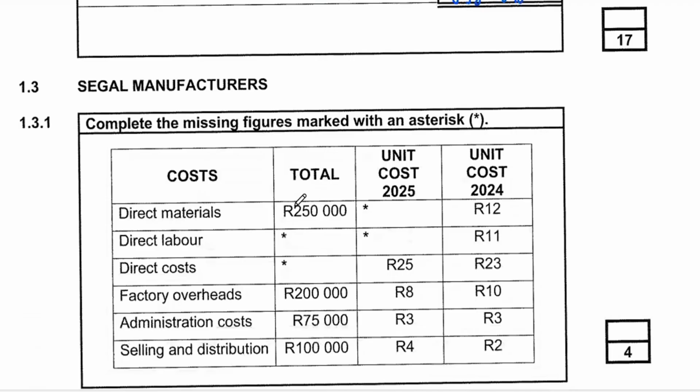Then 1.3, it's Segal Manufacturers. So we have to fill in the missing figures. So we have the total, we have the unit cost in 2025, we have the unit cost in 2024.